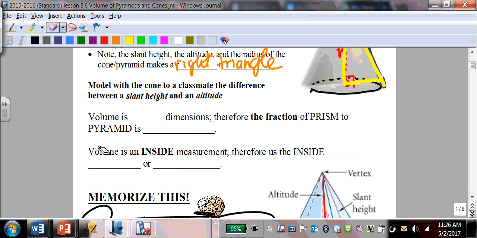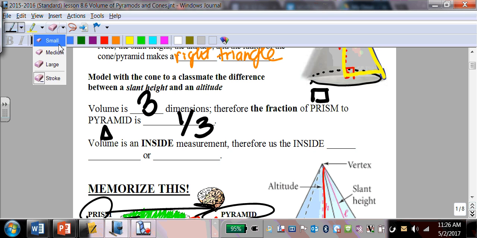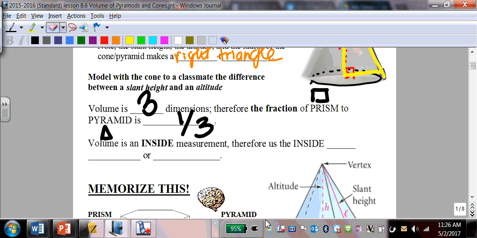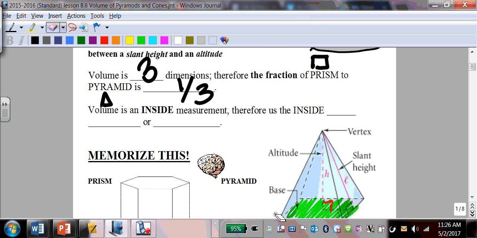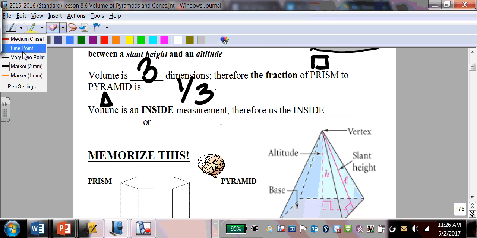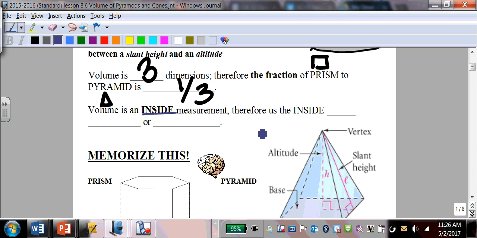Volume is how many dimensions? 3 dimensions. Therefore, when we go from a prism, make a little box for a prism, to a pyramid, there's going to be a factor of a fraction, and that fraction is going to be 1/3. I'll explain that in just a moment. Okay, volume is, underline the word inside measurement.